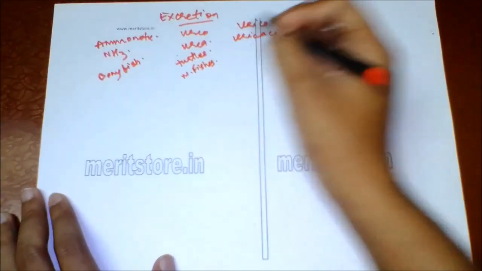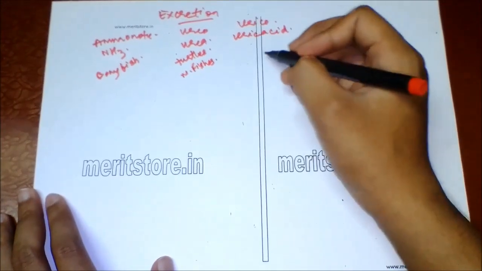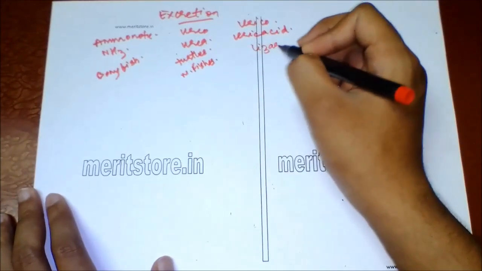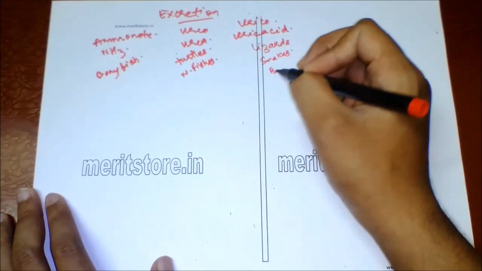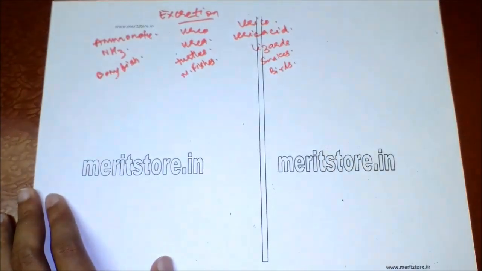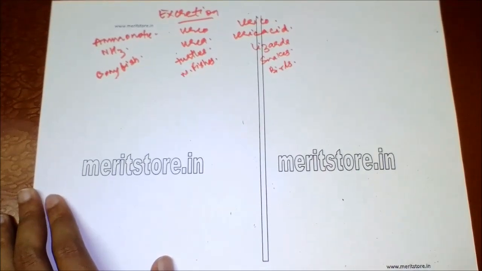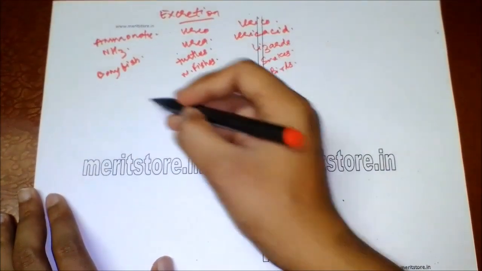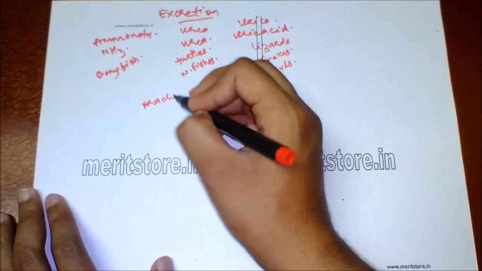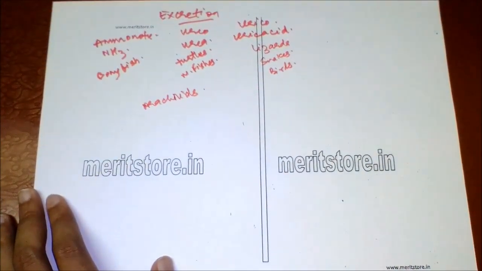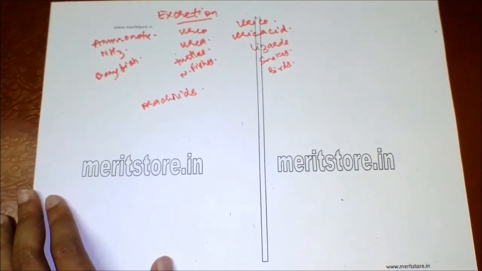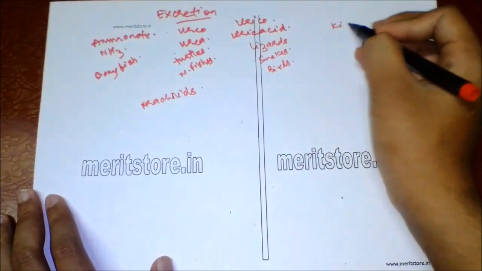And then comes uricotelism, which includes lizards, snakes, and birds. Then comes guanotelism, which excretes guanine as the waste product, seen mostly in arachnids, which include spiders, and penguins. The human excretory system includes the kidney.